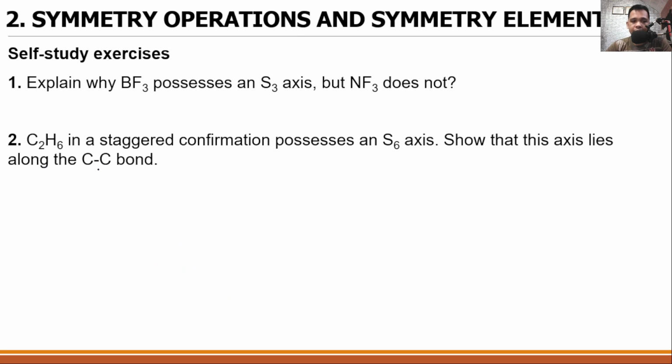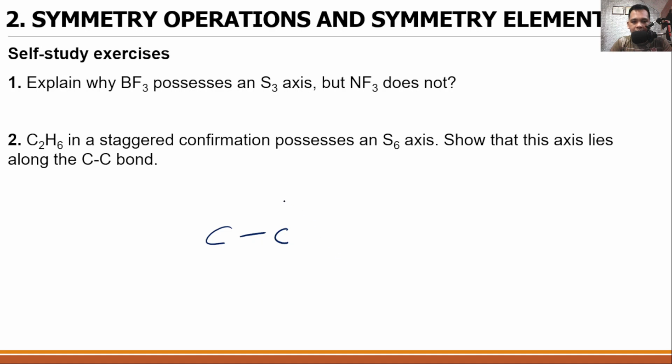For number 2 is the C2H6, the ethane, possesses an S6 axis. Show that the axis lies along the CC bond. Okay. If we draw this, staggered conformation. Actually, meron sa internet. I'm just going to paste this one. Okay. So, staggered conformation of ethane natin ay, okay.